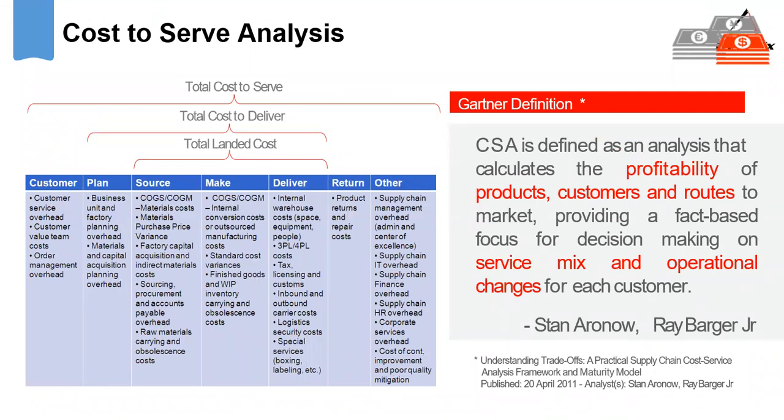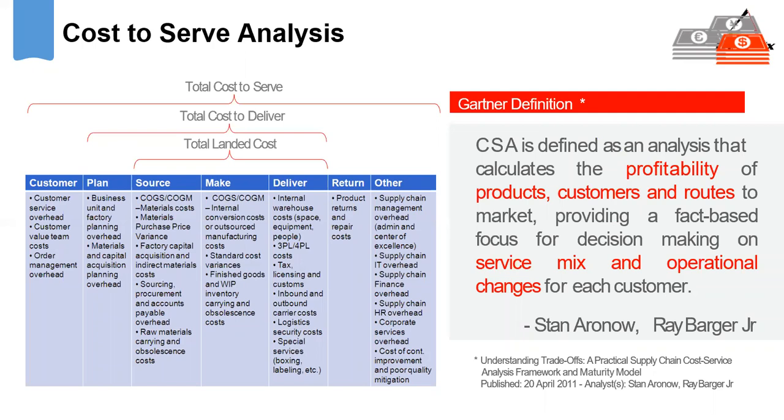When we look at the customer, keeping the customer team, the acquisition team, managing customer overheads, because you have some overheads going there, and then there are other overhead costs which are not directly around the make, source, deliver, but there are returns which flow into it, and then there are other additional costs to manage your supply chain, manage your people, manage your facilities. So they all play a part.